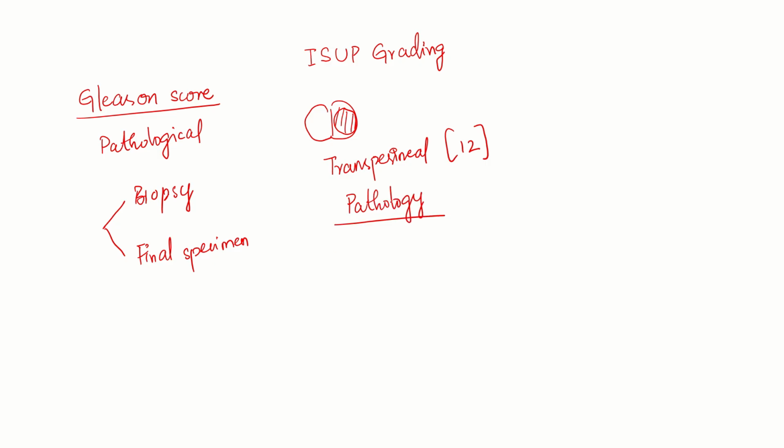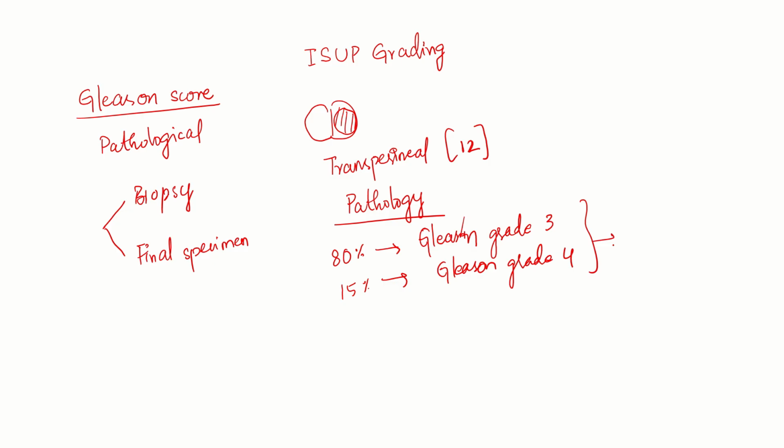And we found that among these 12 cores, the majority, that is 80% of the tumor tissue, was Gleason grade 3. And the next predominant 15% has Gleason grade 4. So then this becomes 3 plus 4, a score of 7. This 7 is used for the ISUP grading system.